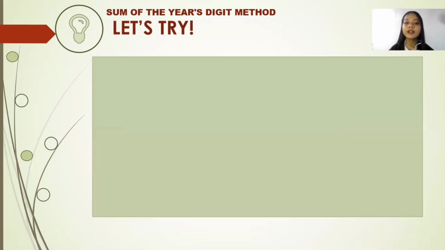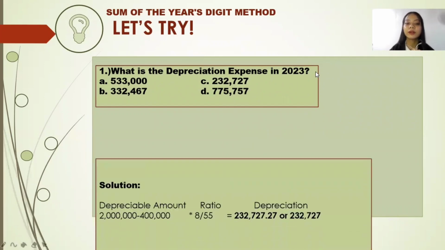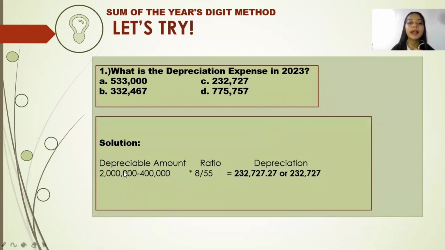Kunin muna natin yung depreciation expense in 2023 naman yung tinatanong. Ayan yung formula natin. Kunin natin yung cost na 2 million less 400,000 residual value, times 8. Bakit 8 na lang?